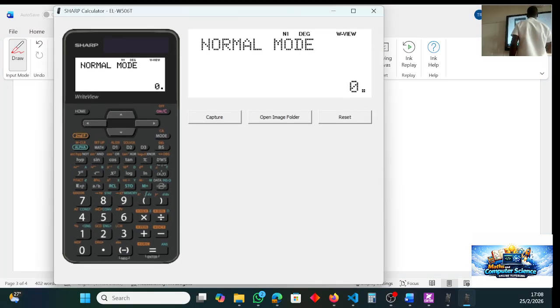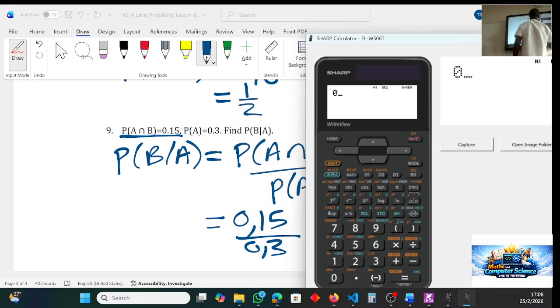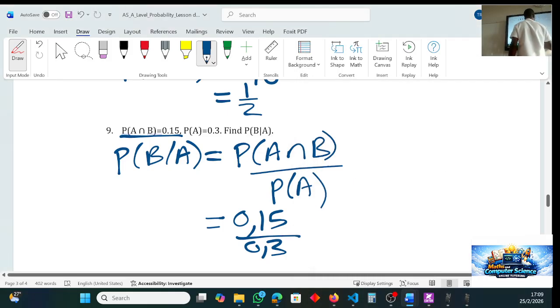I use my calculator to divide 0.15 by 0.3, which gives me 1 over 2, that's 0.5. So this simplifies to 0.5.